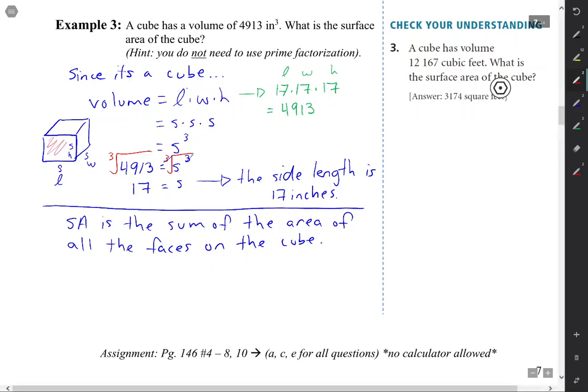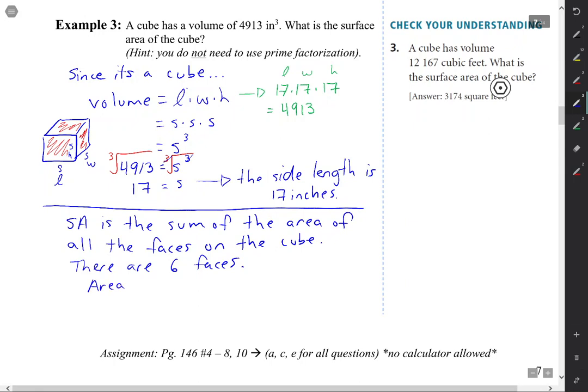So like this here would be a face, and then on the top we would have another face, on the side we would have another face. Okay, so the surface area is the sum of the area of all the faces. So in a cube, there are 6 faces. So if we can find the area of one face, we can times it by 6 and get our answer.